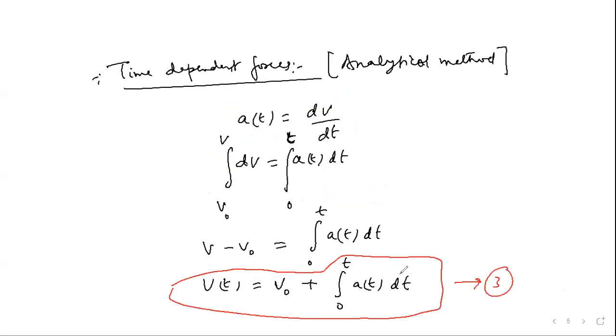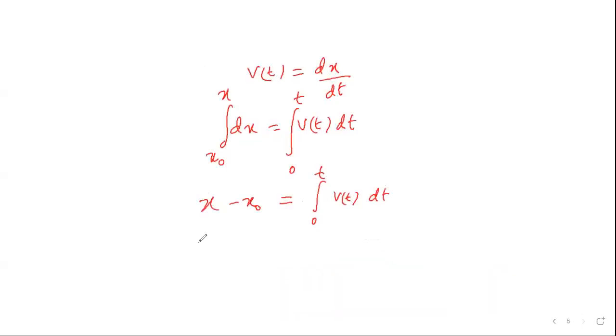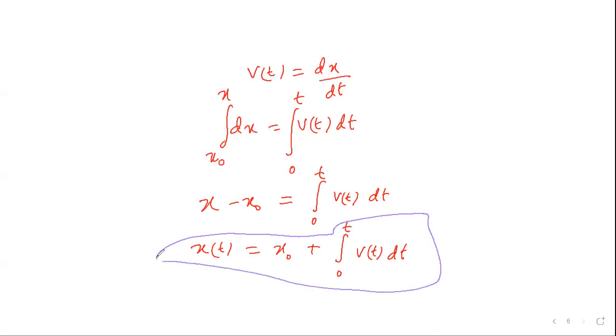It contains this unsolved integral. Then x of t is x naught plus integral 0 to t v of t dt. So this is my second equation, that is position time equation, which can be used in case of time dependent forces.